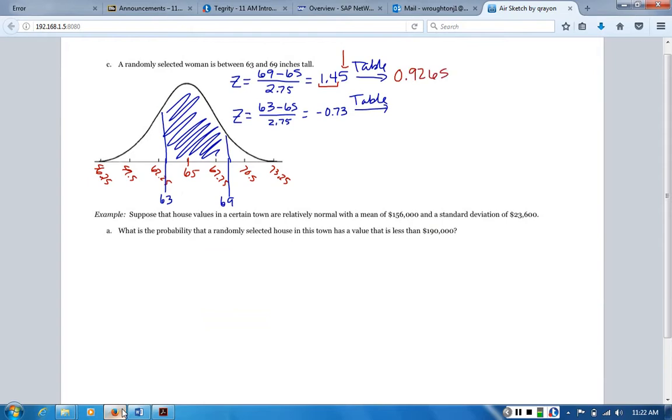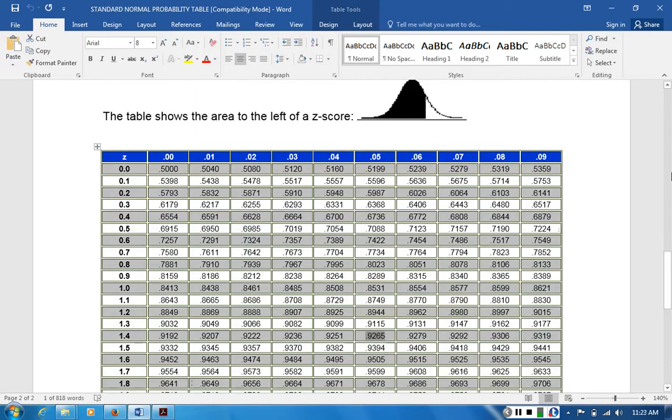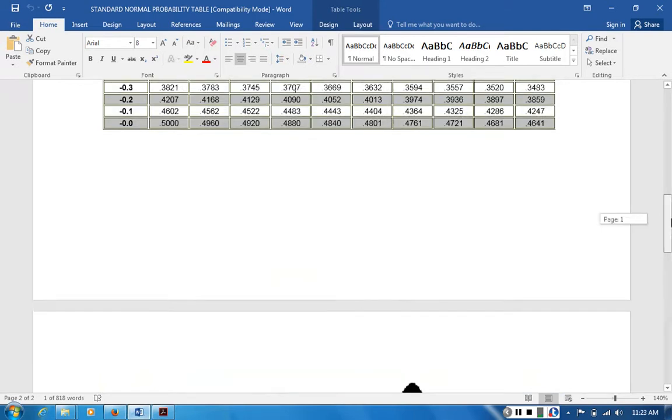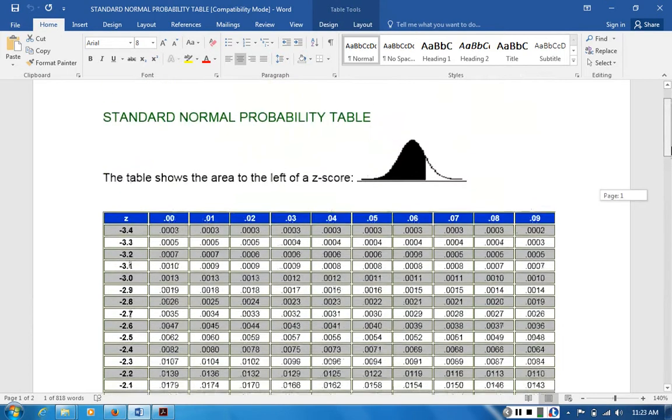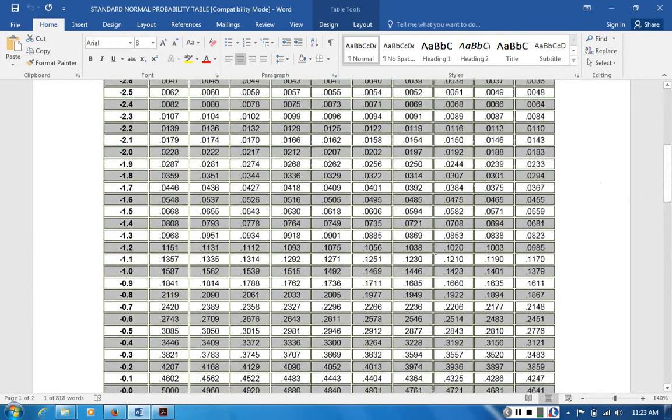We're going to go to the table with our negative 0.73, so that's our row. That's our column. So I have to go to the negative side this time. So here's our negative 0.7, and then our 3 column is actually the 4th column there. So it's the 0.2327.